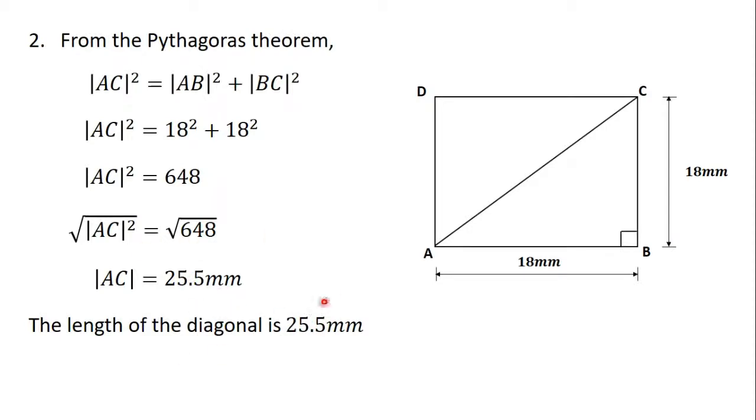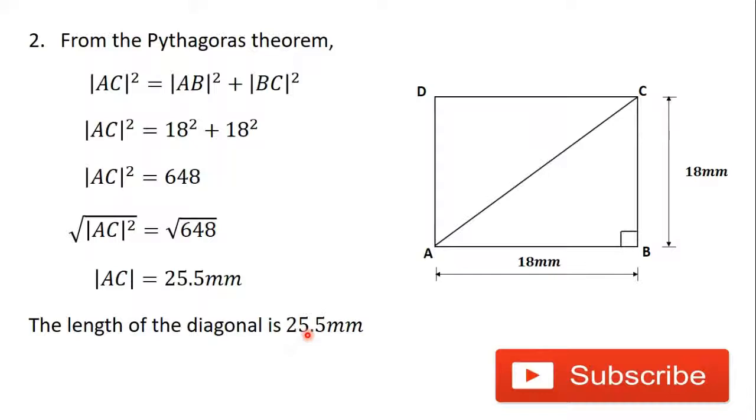So the length of the diagonal is 25.5 millimeters. In the same way, if you find the length of the line drawn from B to D, you are going to have 25.5 millimeters. So for this particular square, the length of the diagonal is 25.5 millimeters.